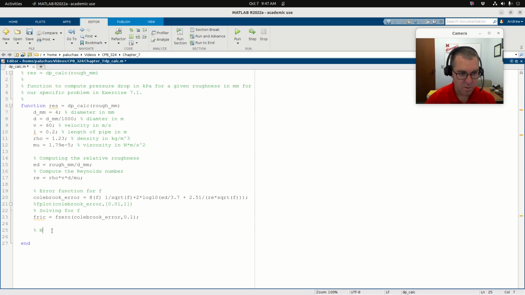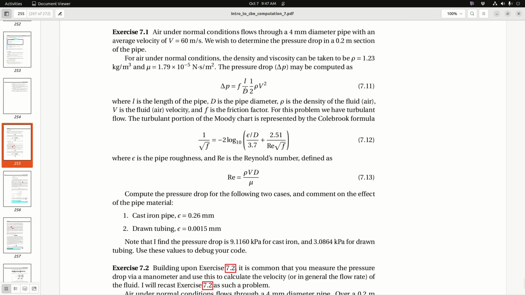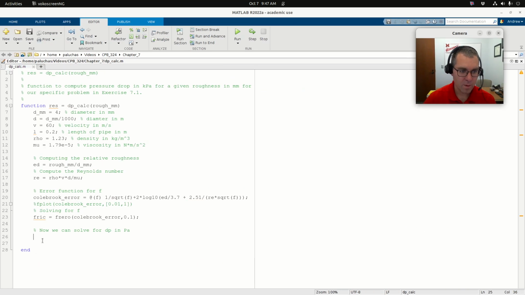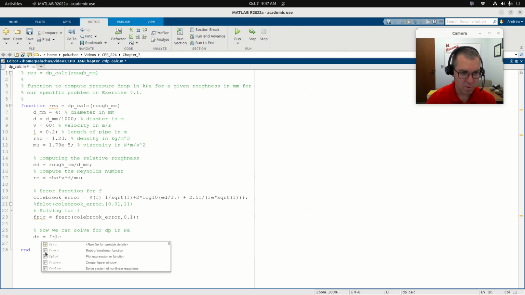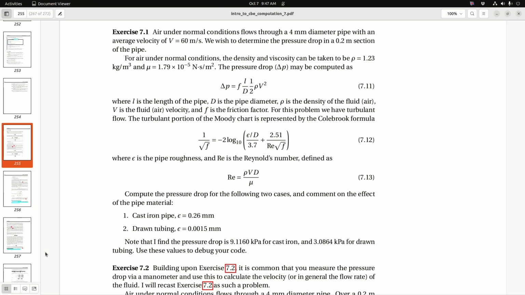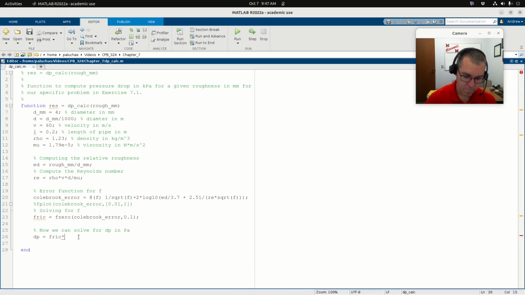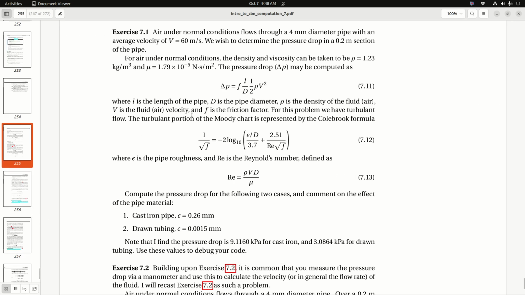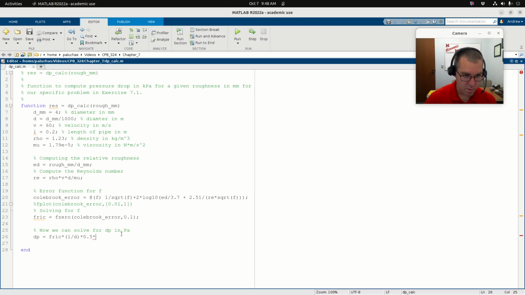Once I have my friction factor, now we can solve for dp, and that's going to be in pascals, because I'll just have everything in SI units. And so that's this equation. So dp is equal to my friction factor times L over D, times 0.5, which is my 1/2, times rho v squared.